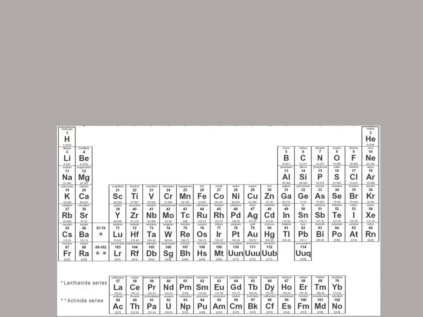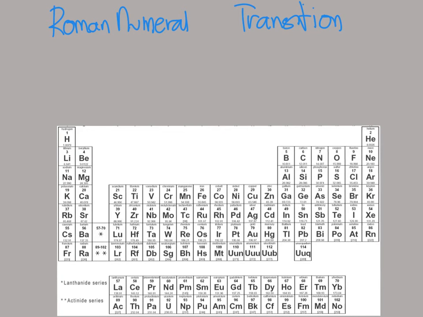All right, so how do you know when you need to use a Roman numeral? Well, we are going to use Roman numerals to show the charges when you have a transition metal or a metal with more than one charge. We know that this column is +1, this column's +2, over here's +3, we get -3, -2, -1, 0, and we have plus or minus 4.